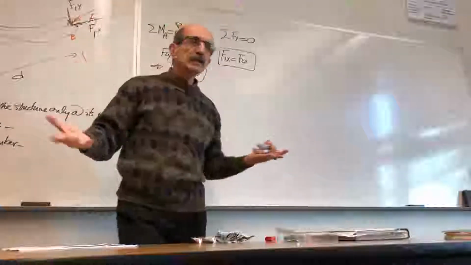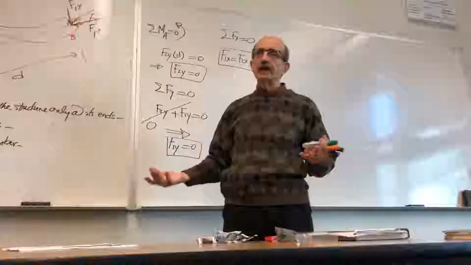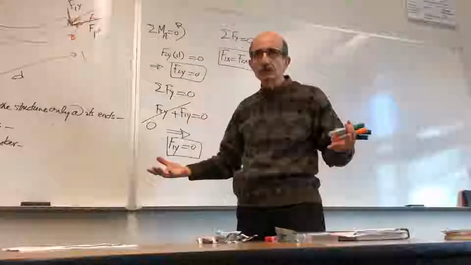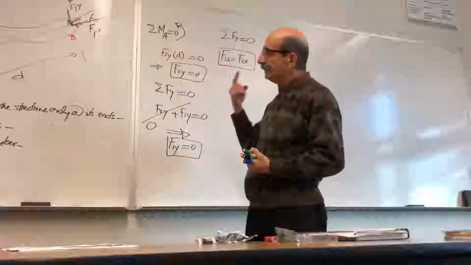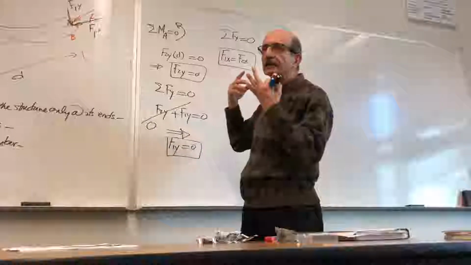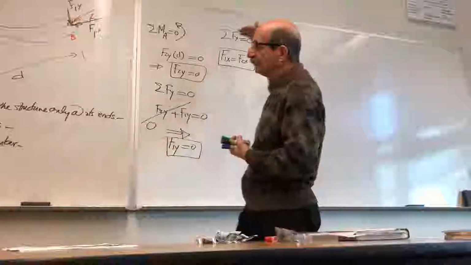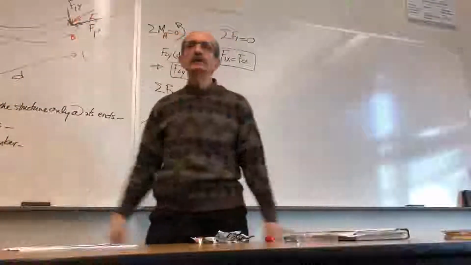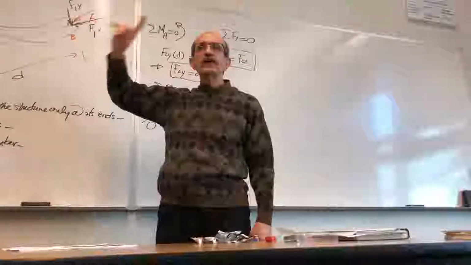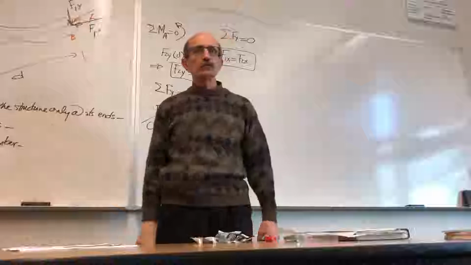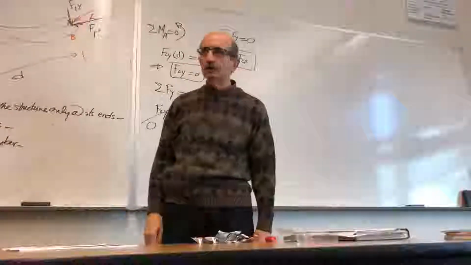So regardless of the shape of that piece, no matter how it looks, you always have forces that act at the two ends, acting along a straight line connecting the two, and these two forces are equal.